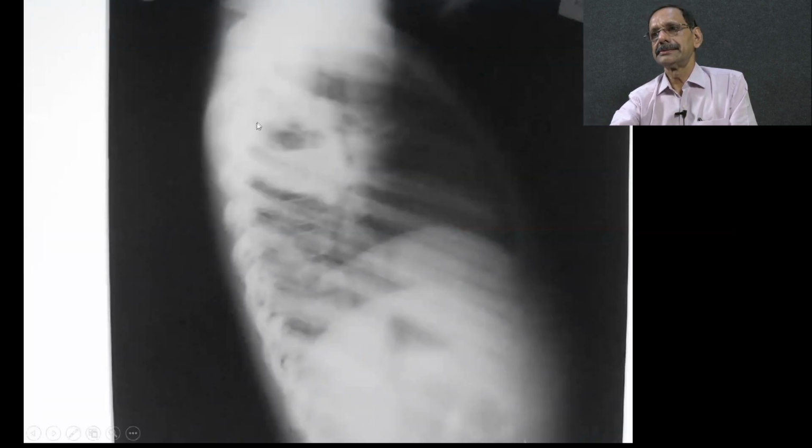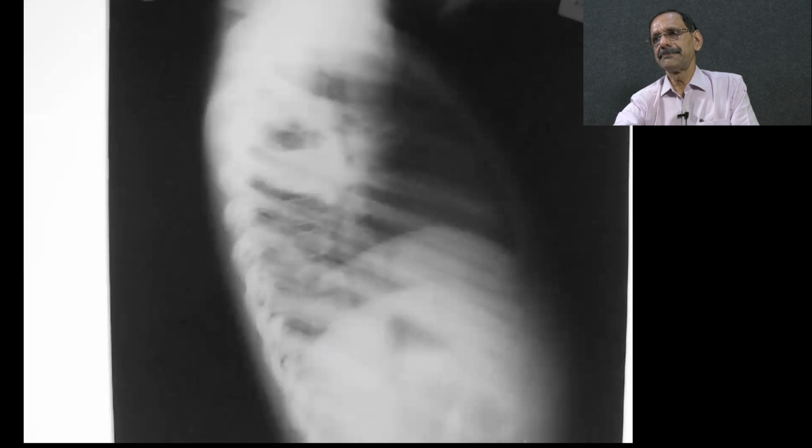See, this is an area of consolidation with lucency inside and a more or less horizontal level. So it is possibly an abscess or a necrotizing pneumonia, and the location is such that it is likely to be a secondary lung abscess.